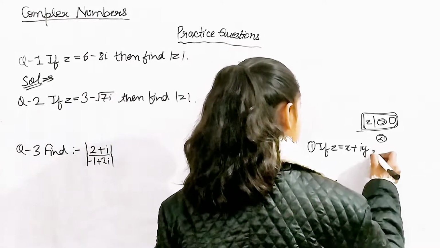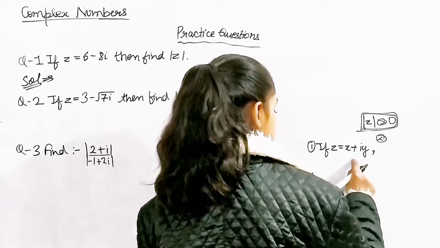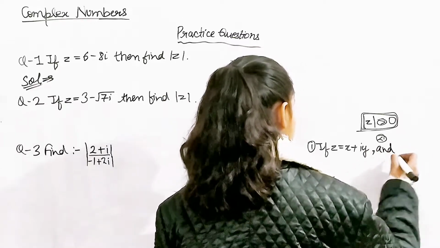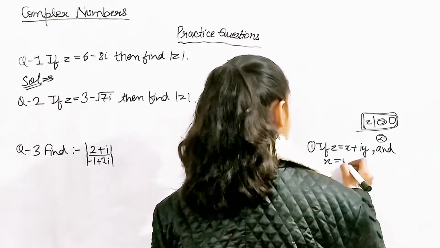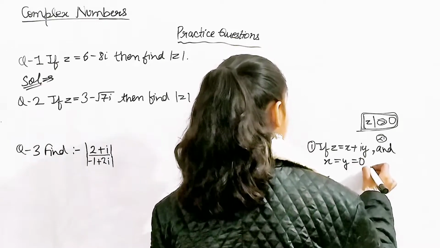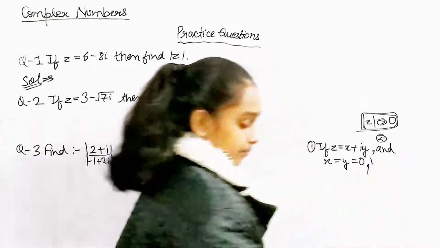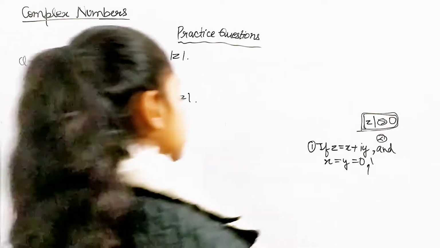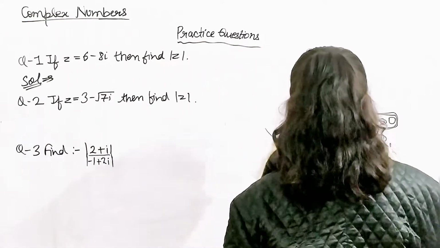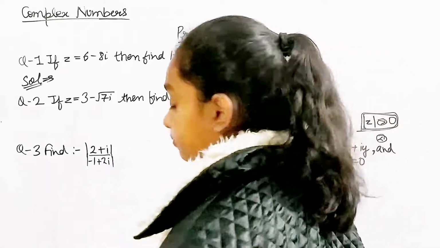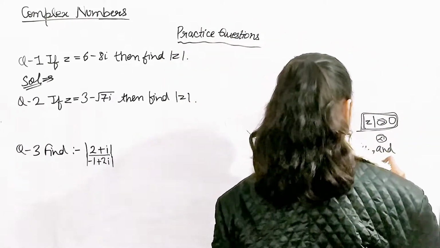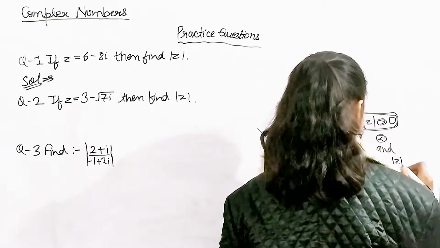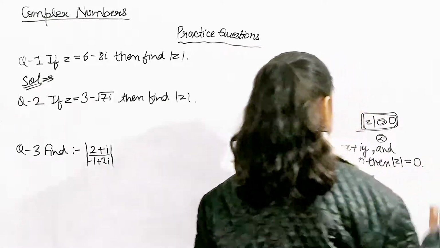If z is equal to x plus iota y and x is equal to y and y is equal to 0, then we can say mod z is equal to 0.